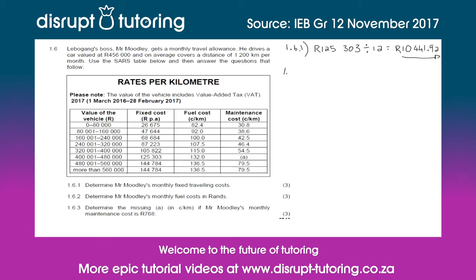So for question 1.6.2, it's going to be 1,200 kilometers multiplied by the 132 cents that we read from the table.